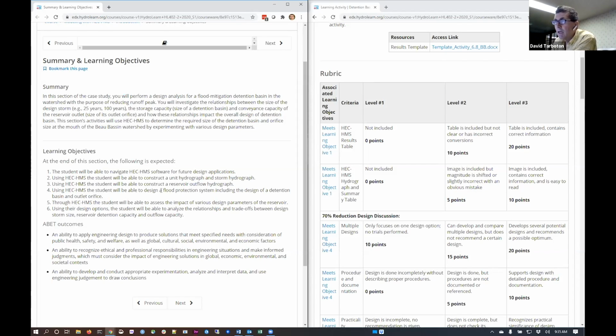The student will be able to design a flood protection system, including the design of a detention basin. And I guess it says here objective 4. It's probably actually both objectives 4 and perhaps objective 5, because objective 5 is the impact of various design parameters. So really the multiple designs comes through objective 5.